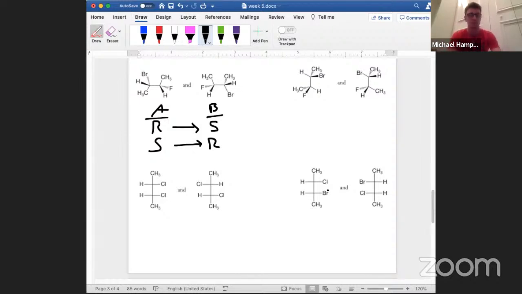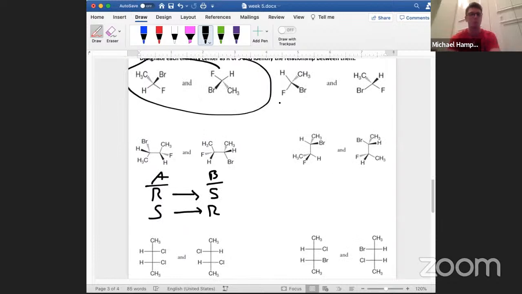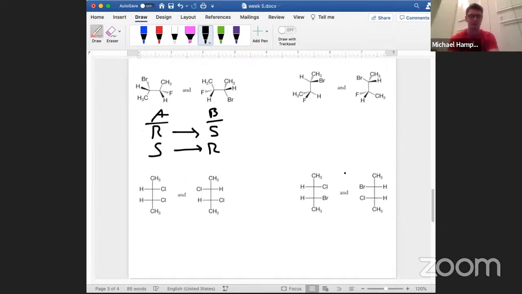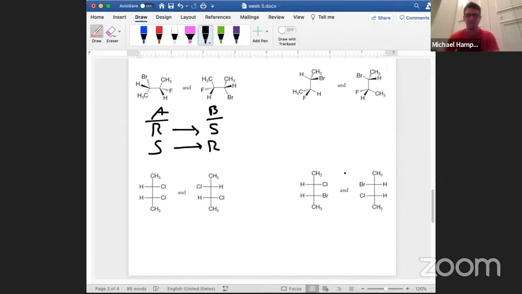If not all of them, but some of them change, then it's a diastereomer. Got it. Thank you. And again, if you have something with only 1 chiral center, it cannot exist as a diastereomer. You have to have 2 chiral centers in a molecule to even be considered to have another version as a diastereomer.